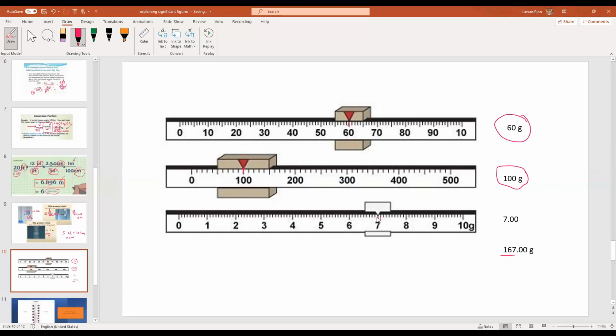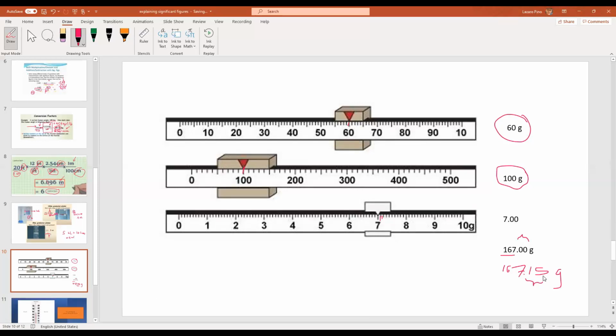Well, you have to say 167.1. But suppose that it was between 1 and 2, and then you have to say 167.15 grams. That's why, as you can estimate 2 digits after the dot, you have to put here 0, 0.